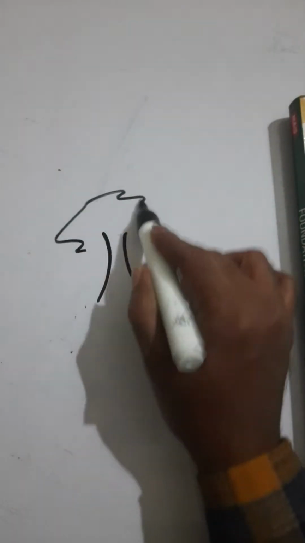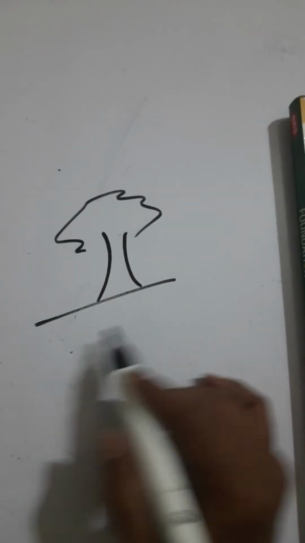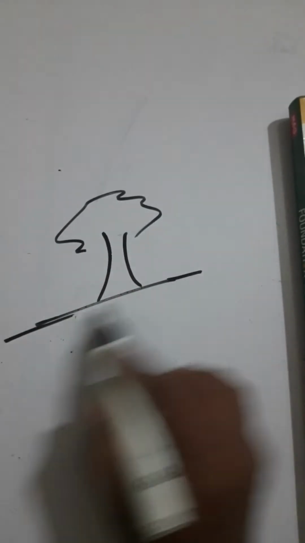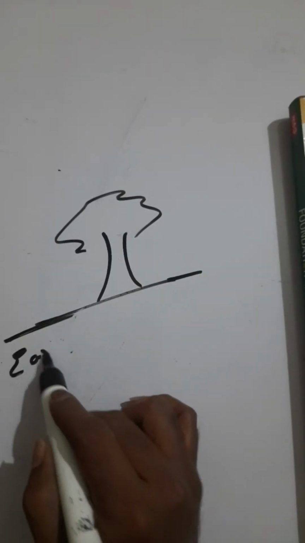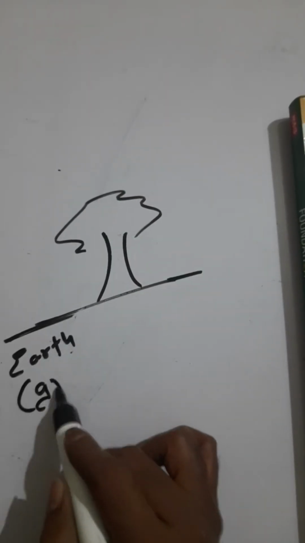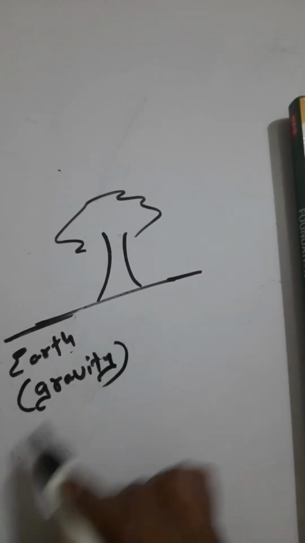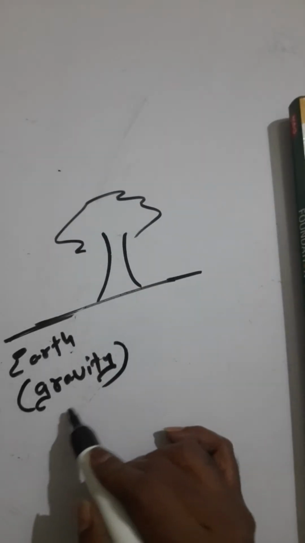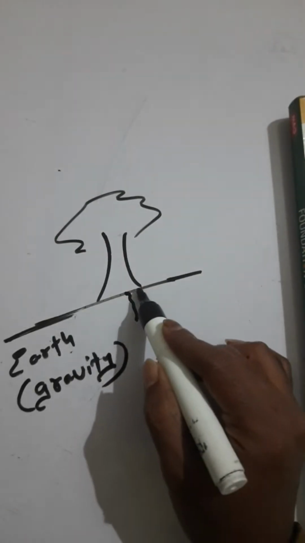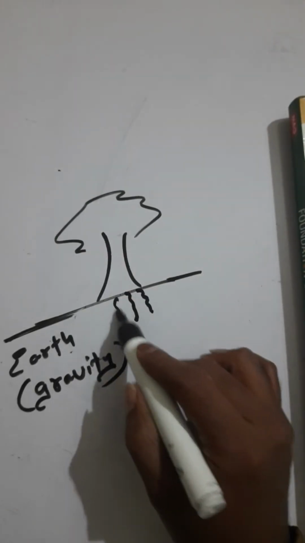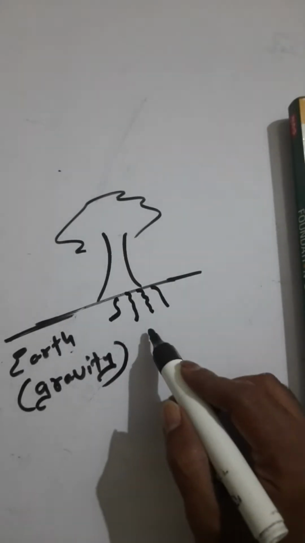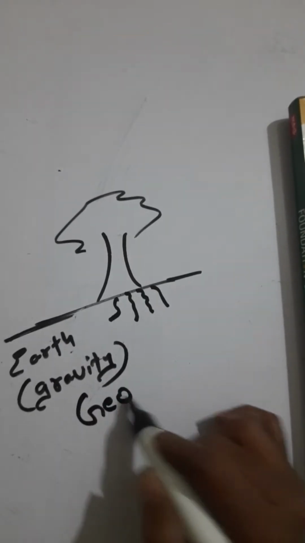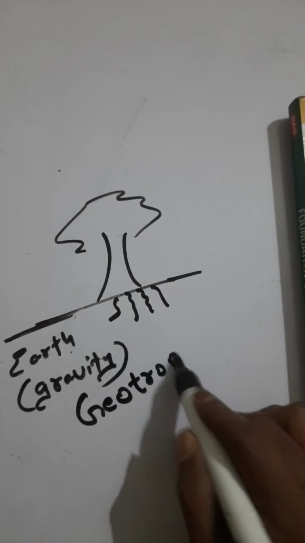No issues. See here, already we know plants, and this is earth. Earth means it is having gravity. The movement of parts of the plants towards gravity is known as geotropism.